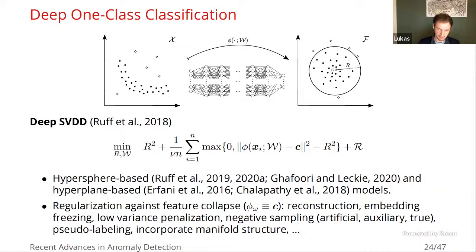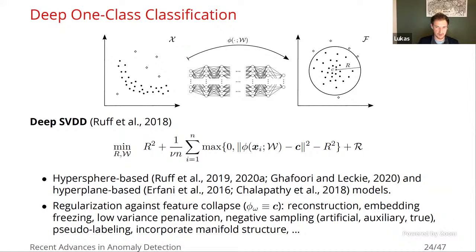And one of the key problems or issues to solve with this type of model is to regularize against a trivial solution, because the objective would be perfectly solved if we map everything into a point. So one has to think about meaningful regularization for this type of model. And there are also various solutions proposed for this in the literature. So for instance, keeping also a reconstruction error, or having the embeddings frozen.